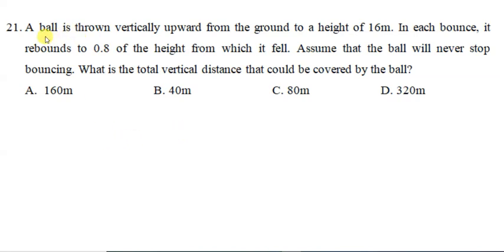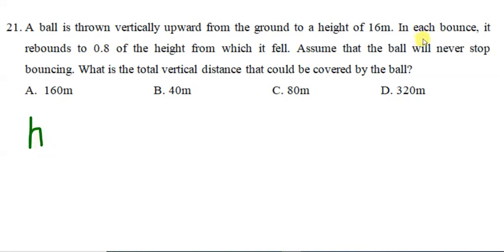Now, as the question tells us, a ball is thrown vertically upward from the ground to a certain height, let us call that height H. And with this rate, now it rebounds.